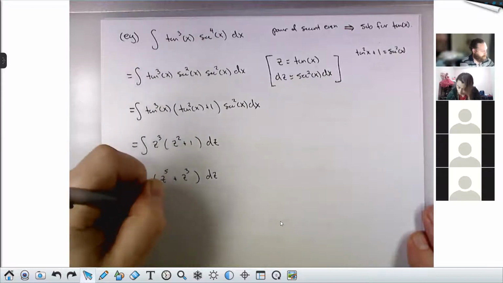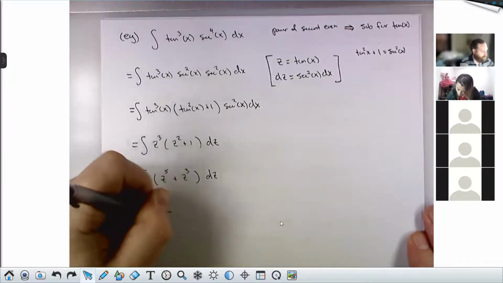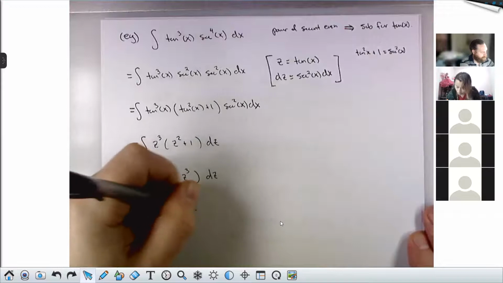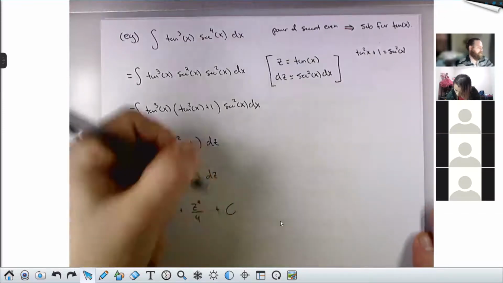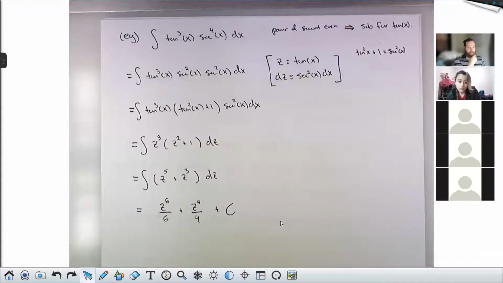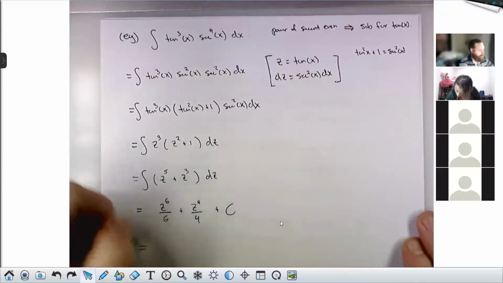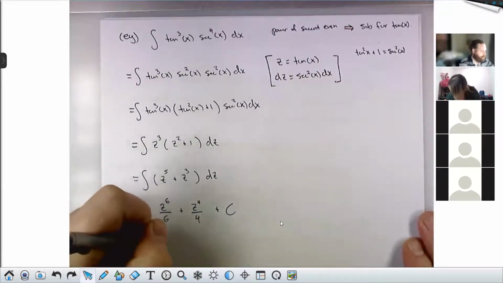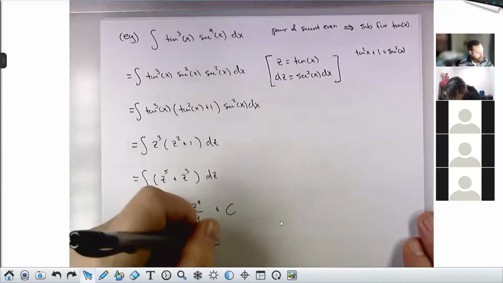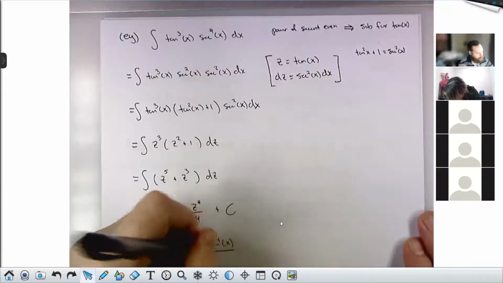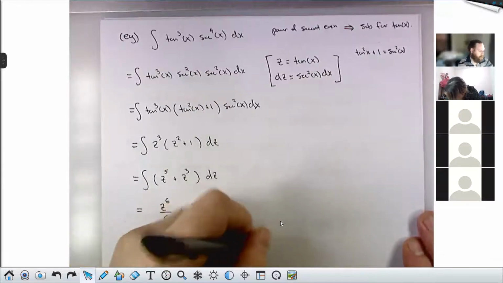That's going to give you z to the 6 over 6 plus z to the 4 over 4 plus a constant. And finally, you can plug back in tangent x for z. So this is the 6th power of tangent over 6 plus the 4th power of tangent over 4 plus c.